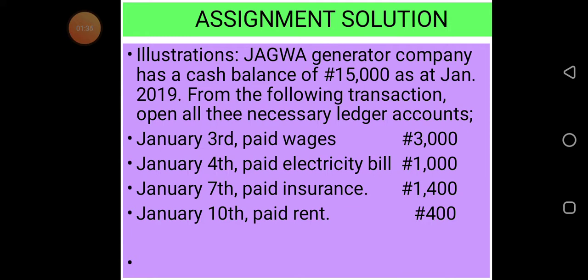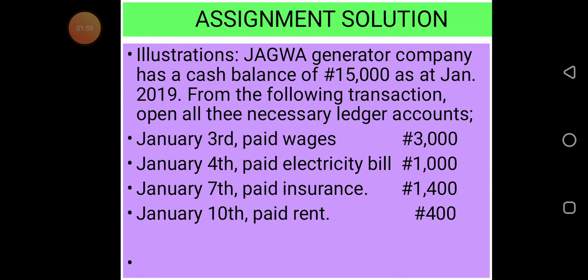Now, having said that, we were given an assignment in the last class, and the assignment is this illustration. Jaguar Generator Company has a cash balance of 15,000 naira as at January 2019. From the following transactions, open all the necessary ledger accounts.